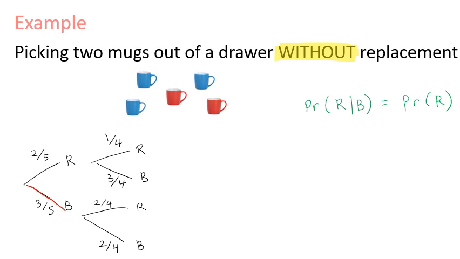And then the probability of getting a red is 2 out of 4. And the probability of getting a red, that is 2 out of 5. Therefore, they do not equal each other. So they are not independent.